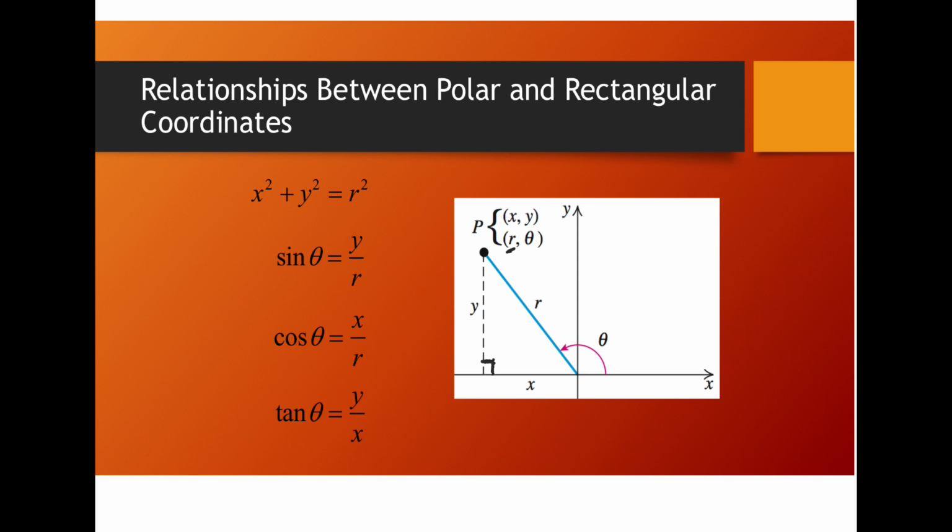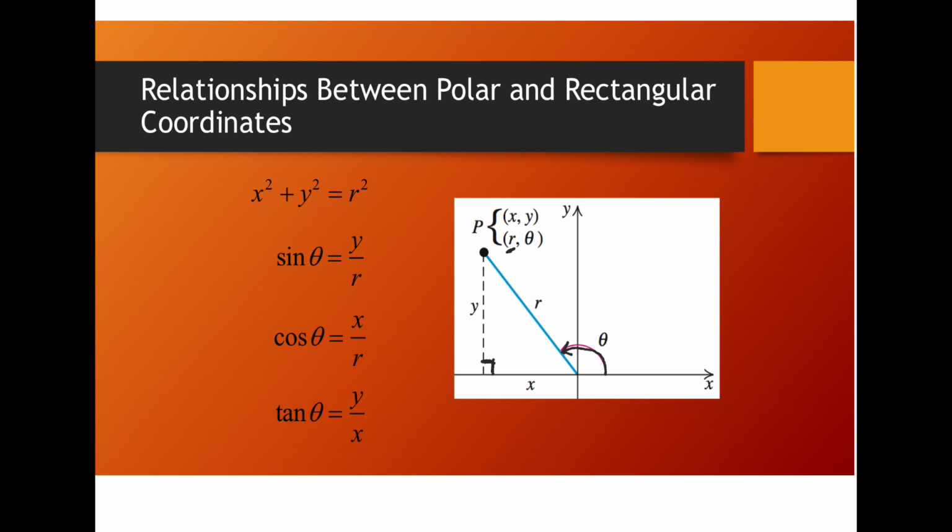Also, the angle that we have has a tie to the triangle as well. And with r and theta, we see theta here can take us back to the rectangular system. Sine is opposite over hypotenuse, so y over r. Cosine is x over r, and tangent is y over x. So we're going to use these formulas to tie between the two systems and to allow us to convert.